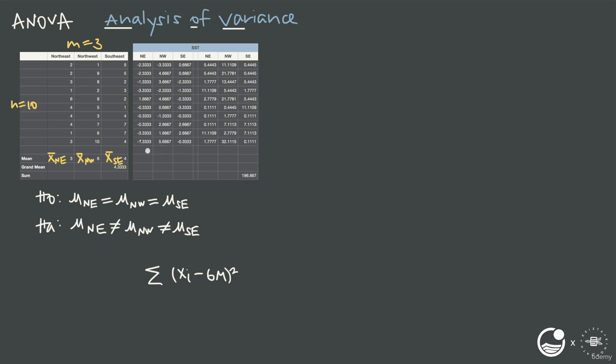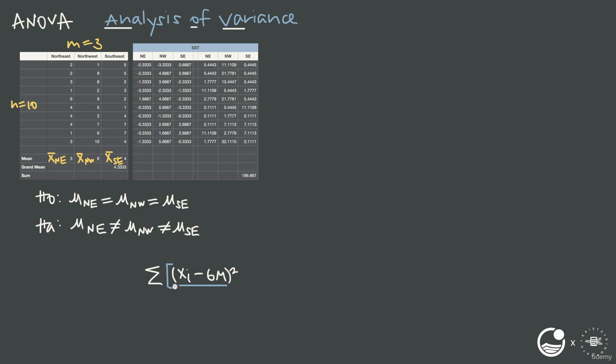So this whole left side of the total sum of squares table gets us all of these values right here, just the x sub i minus the grand mean values. The right side of this table is what we get when we square those values. So we're just taking negative 2.33 and squaring it to get this 5.44. Or down in the lower right here, we're taking negative 0.33 and squaring it to get positive 0.11. So we square all of those values.